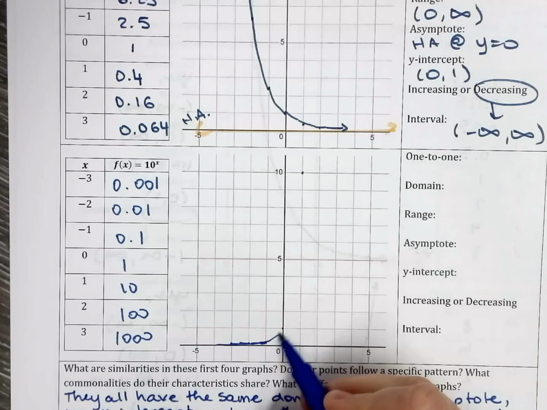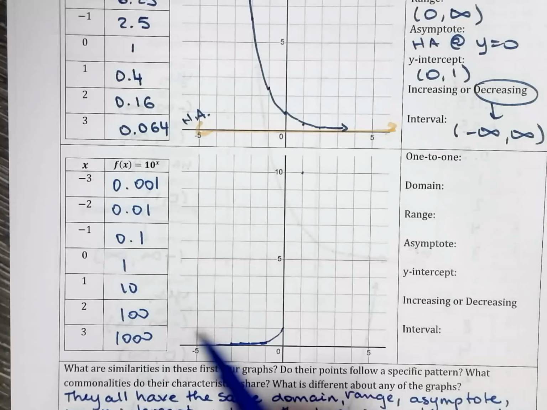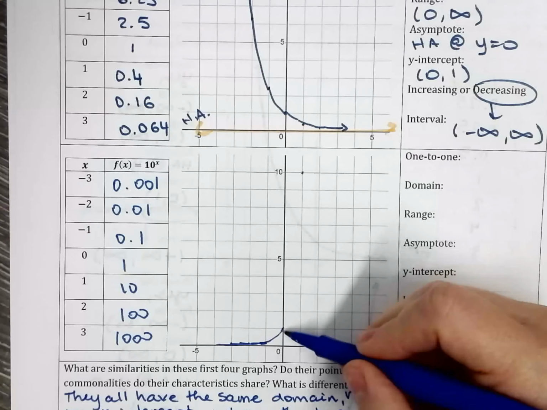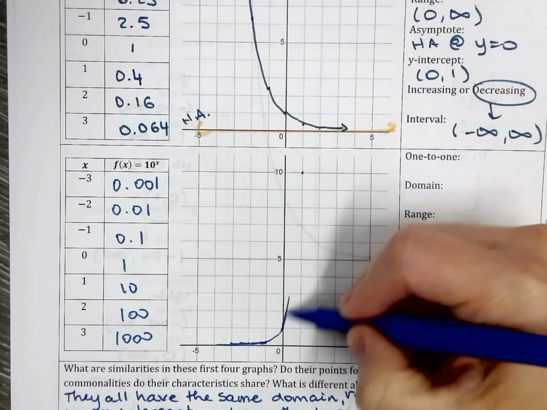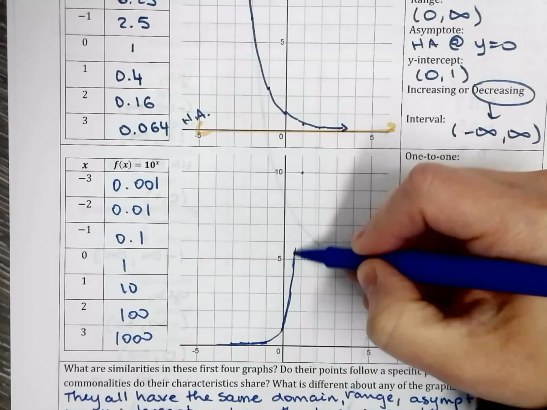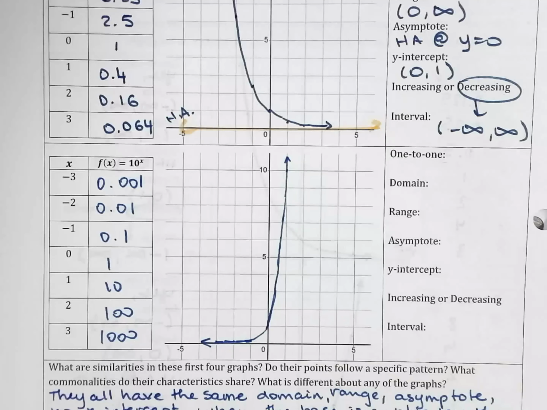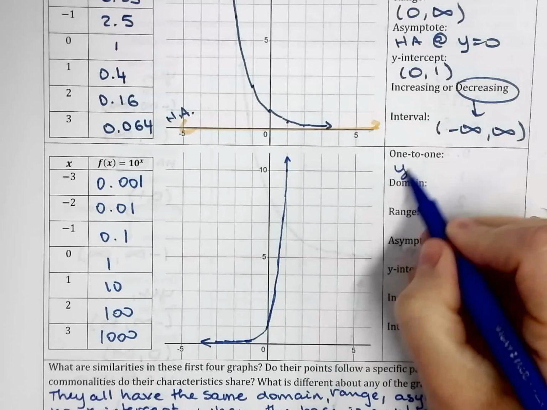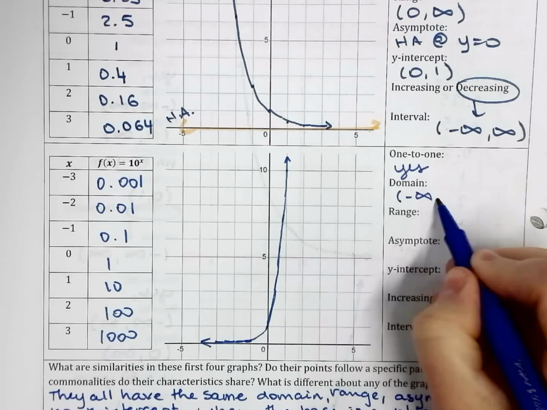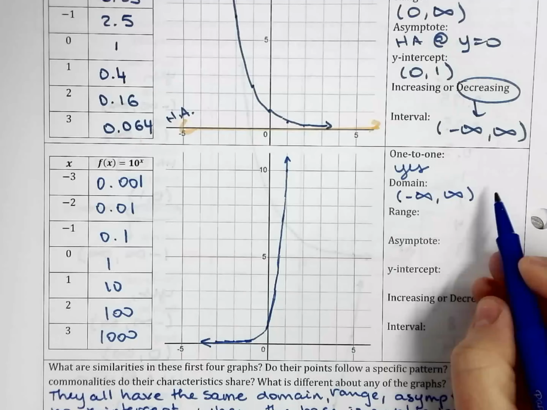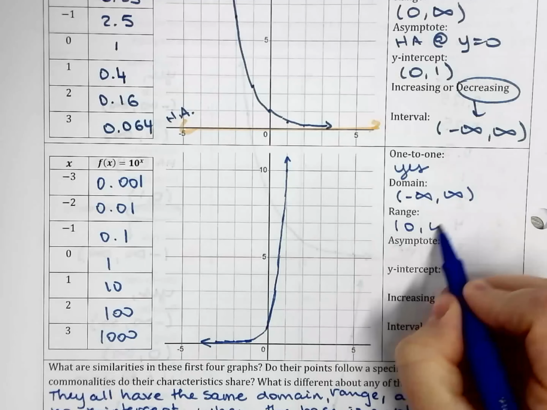It's really getting close to the x-axis right here, coming from negative infinity right there, and then it's going up really fast right here. Okay, so one-to-one, yes. Domain from negative infinity to positive infinity.